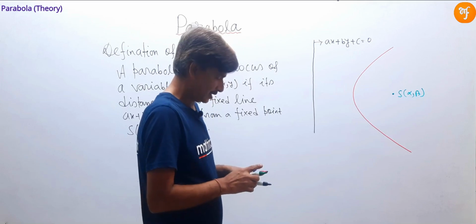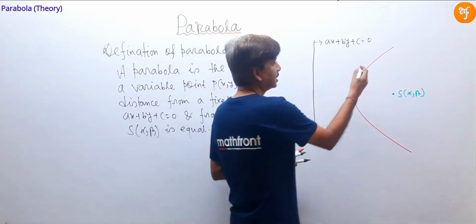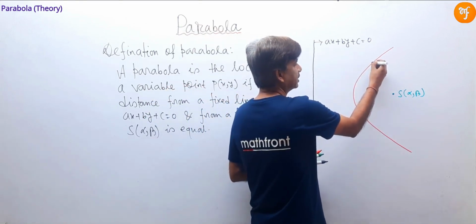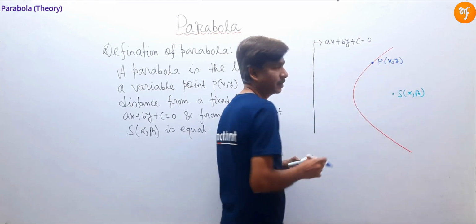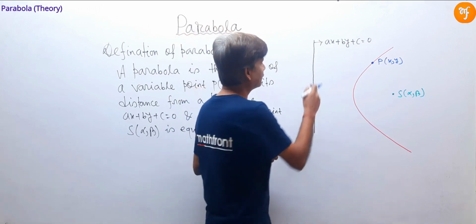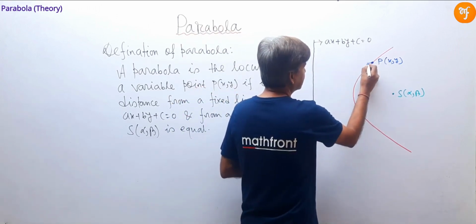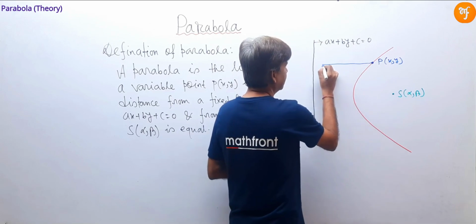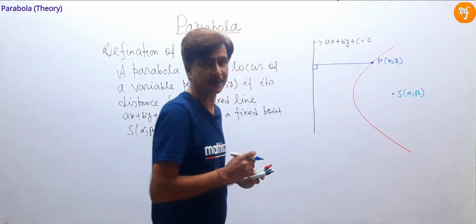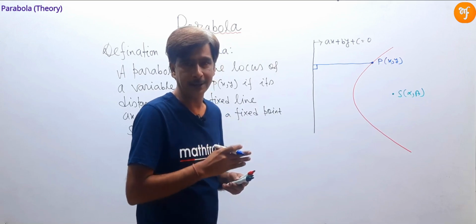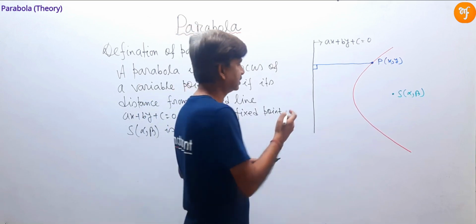Clear? Now, parabola is the locus of any variable point. So you see, P is x comma y, any variable point whose distance from this fixed line, you know very well that distance of any point from any line is basically its perpendicular distance.